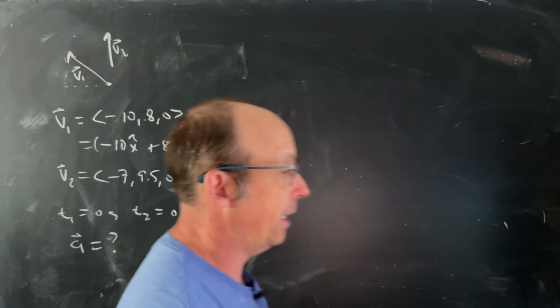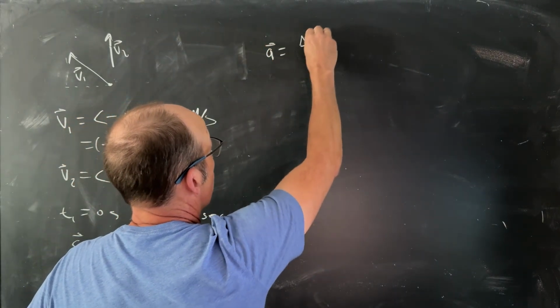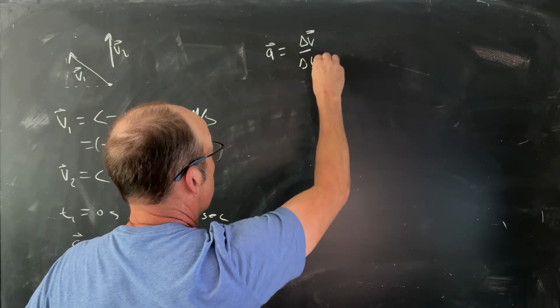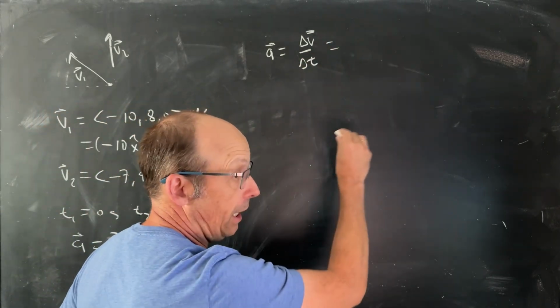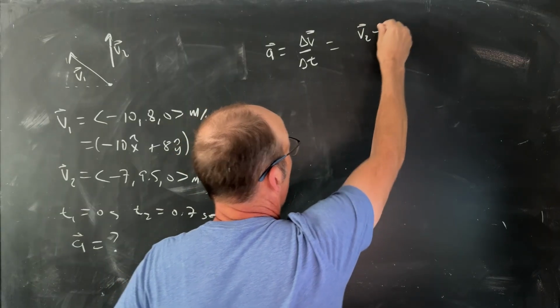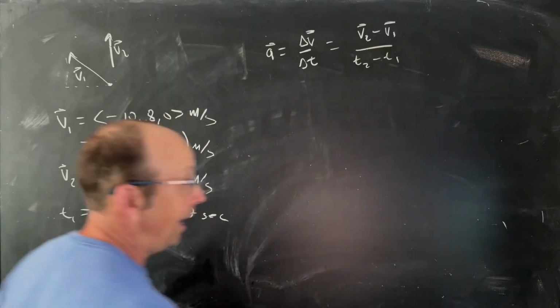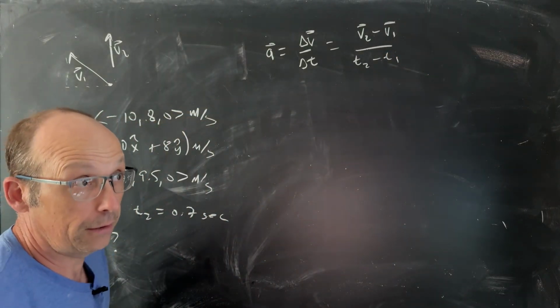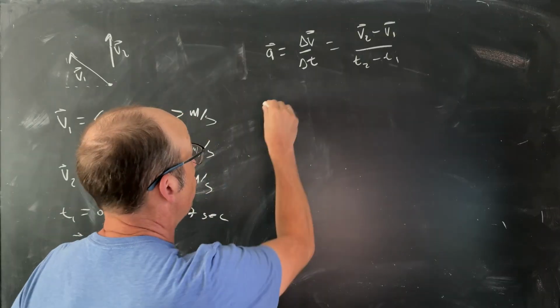So let's write down the definition of acceleration. We define the acceleration as the rate of change of velocity: the change of velocity divided by the change in time. Now, I have two velocities, so I can write that as v2 minus v1 over the change in time, which is t2 minus t1. I'm pretty much done at that point. But I'm going to write it out explicitly, and then I'll show you another cool thing that you can do.